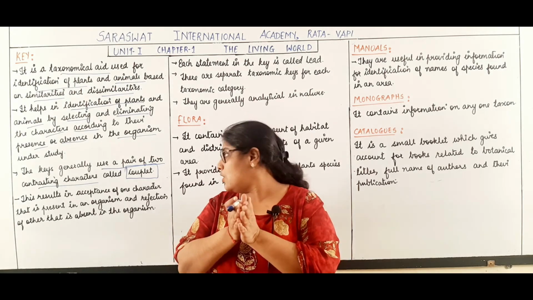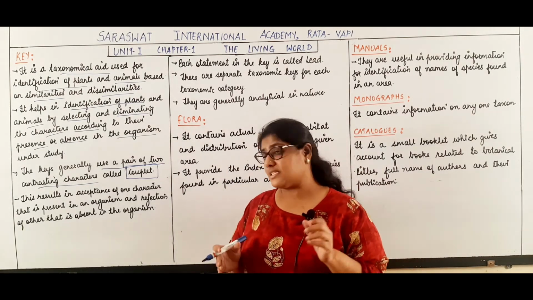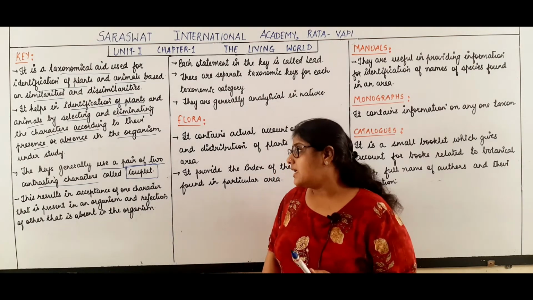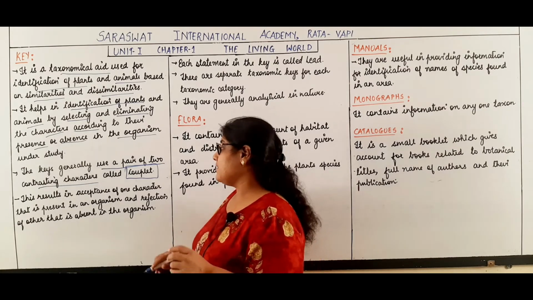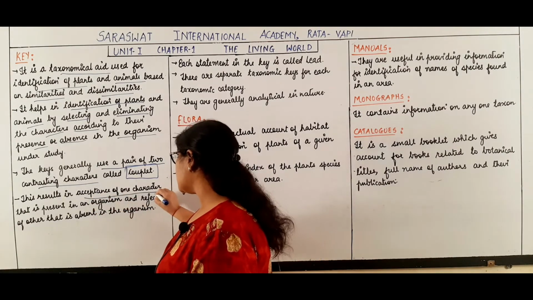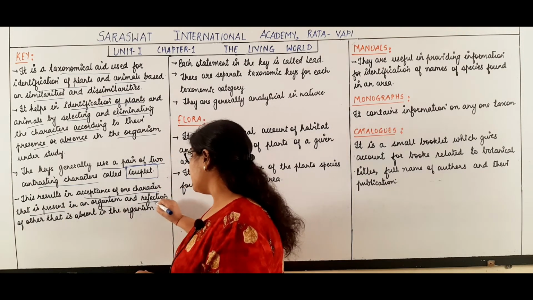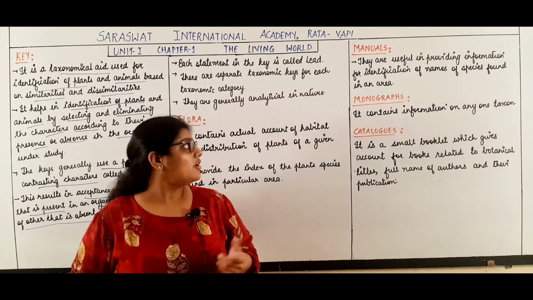It consists of a pair of 2 contrasting characters, and this pair is called a couplet. The couplet results in the acceptance of one character that is present in the organism and rejection of the other that is absent in the organism.